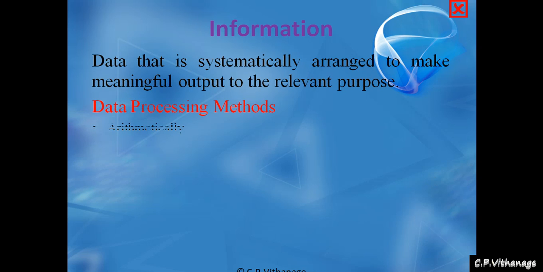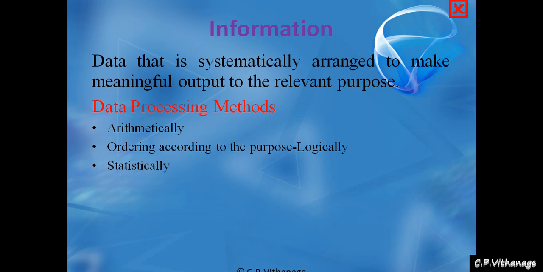Then these two kinds of data we use to get information. Information is systematically arranged data with a meaning, right? We need that information for a particular purpose.